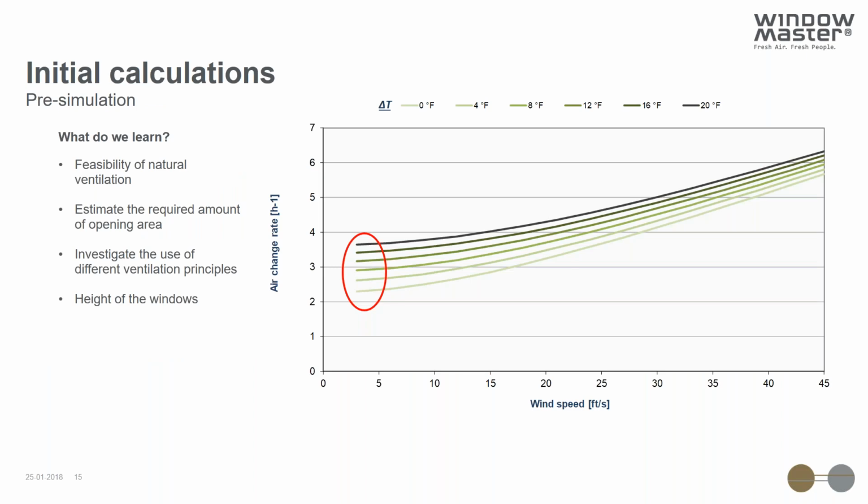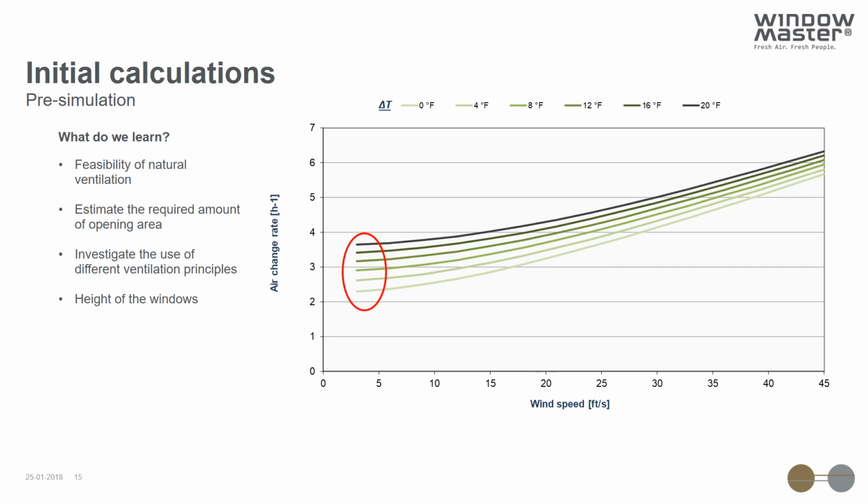The initial calculations we're using to find, for example, how much opening area is required to get the air change that we desire. And these calculations are very quickly done compared to if you are investigating this in dynamic simulation programs.